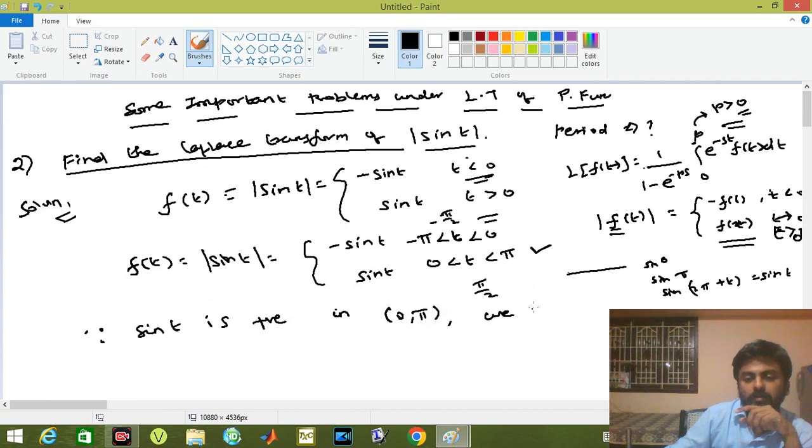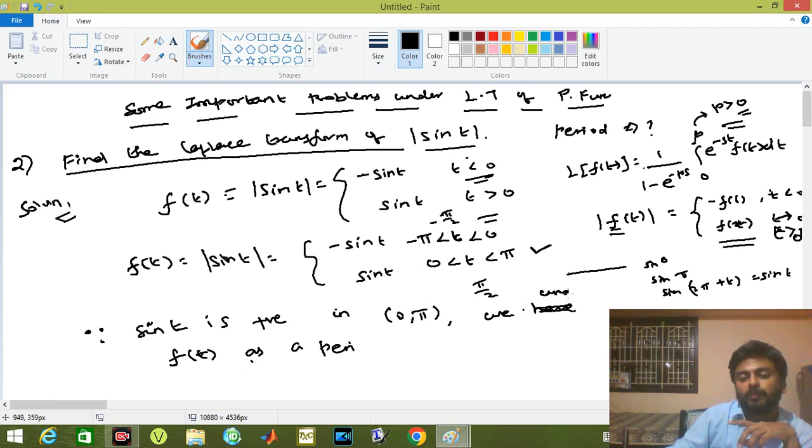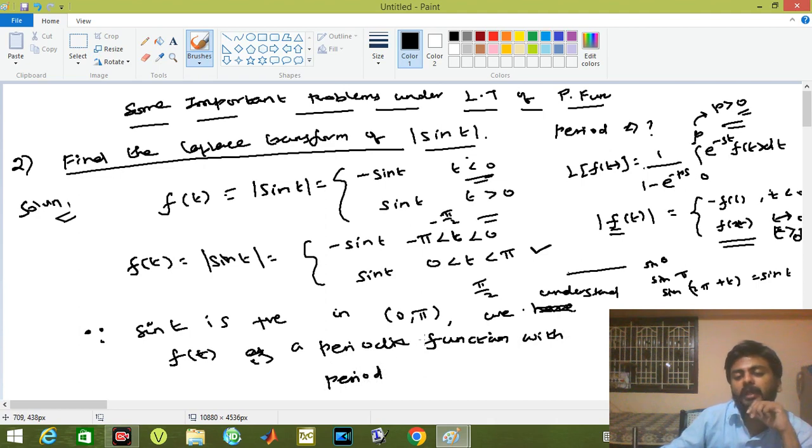we have f of t as a periodic function. Since sin t is positive in 0 comma pi, we understand f of t is a periodic function with period, what is the period?